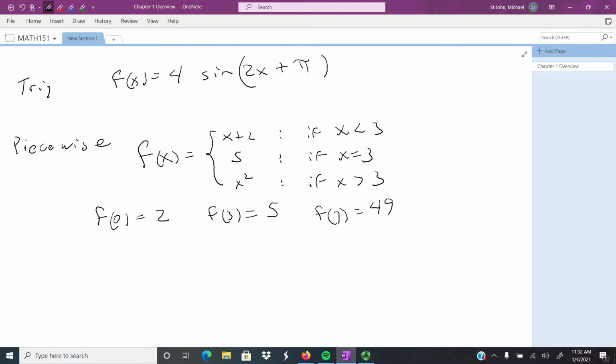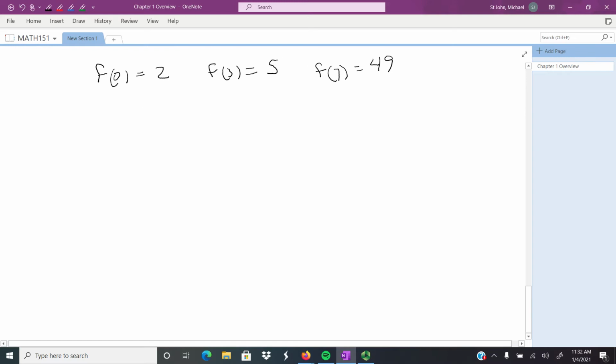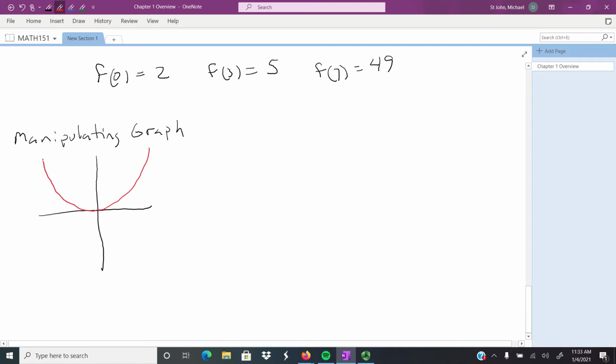Other things which you've seen before are in terms of manipulating graphs, so moving them up, down, left, right, that sort of thing. If you think in terms of your basic quadratic graph, this is your y equals x squared graph.